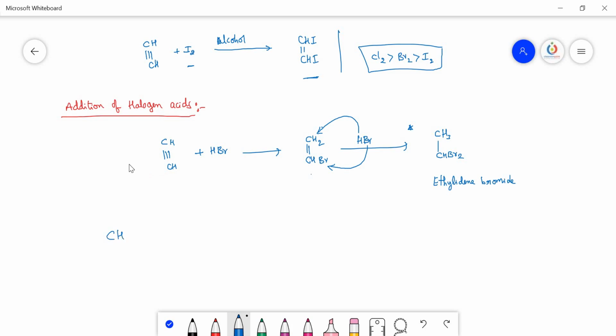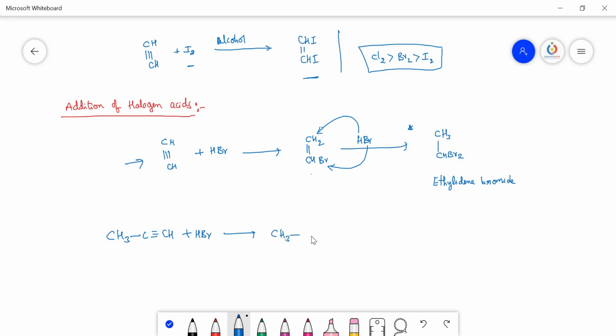So every time we take one example as acetylene and the other example as propyne. Plus HBr. So now you add the hydrogen here and bromine there. Why? Because now it is an unsymmetrical alkyne.